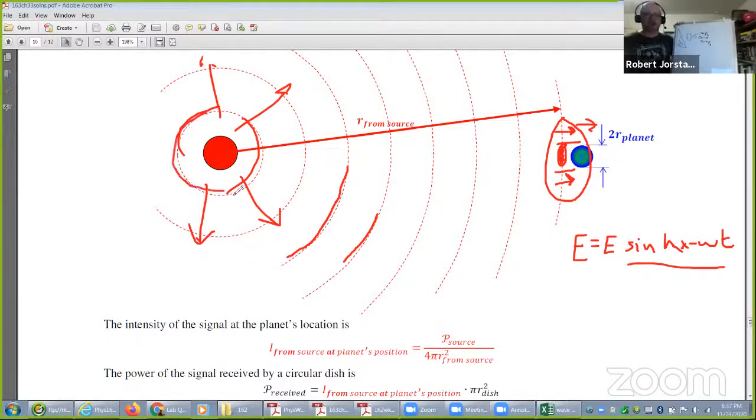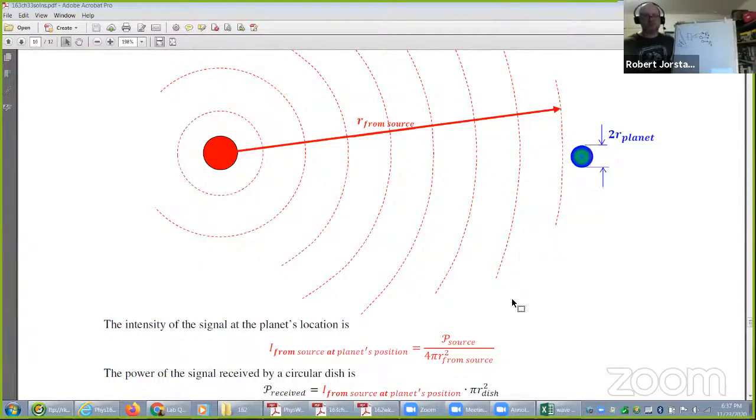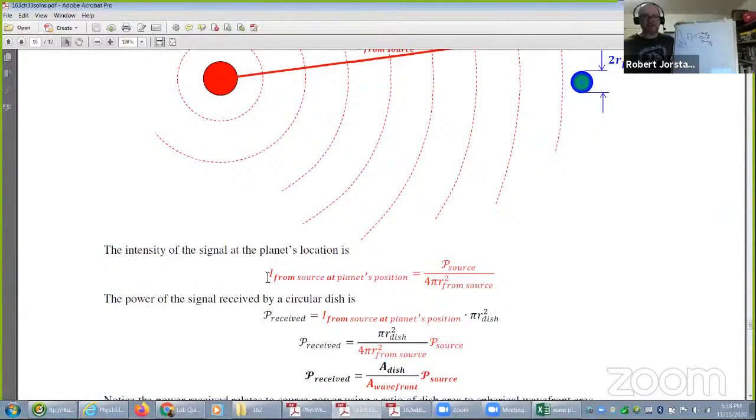Even though the star radiates spherically, by the time it gets to any sort of detector, it's actually a plane wave at the detector for all intents and purposes. This is a little bit confusing when you first see it. So notice the intensity at the planet's position is the power of the star divided by 4 pi r squared, because it's spreading out over a spherical area.